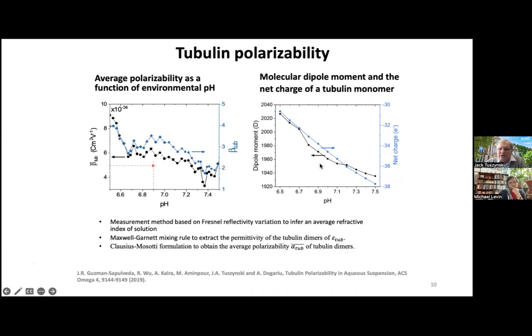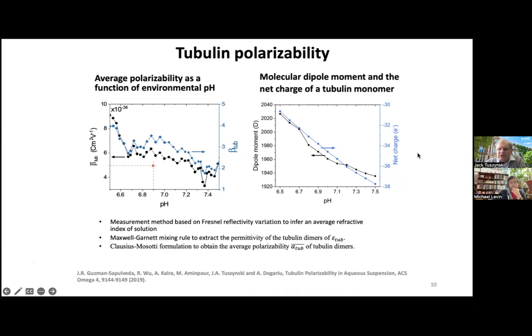And the same here in the right-hand panel, you see the dipole moment of tubulin ranging from 2000 to 1920 or something, as you change pH from only 6.5 to 7.5, which is all very physiological, right? Physiologically, pH can even go down to 1 in the gastrointestinal system and so on.